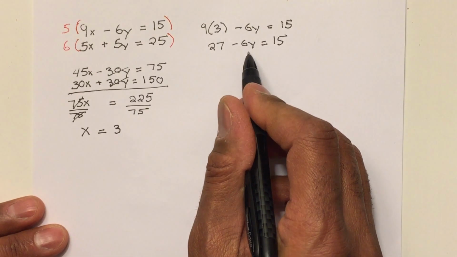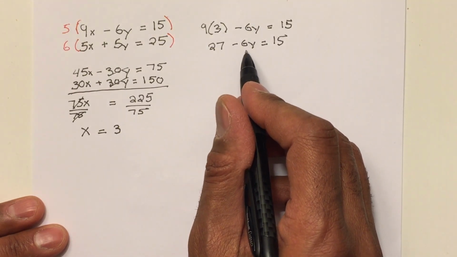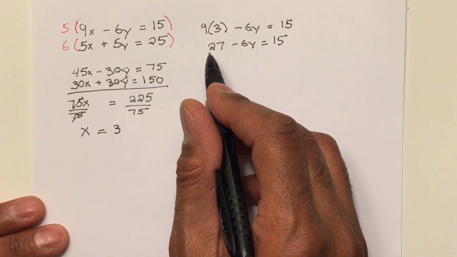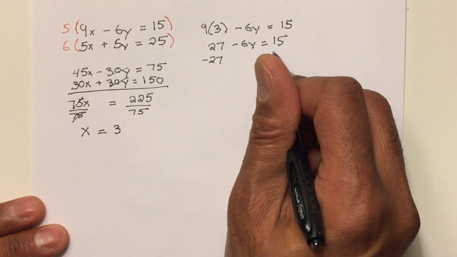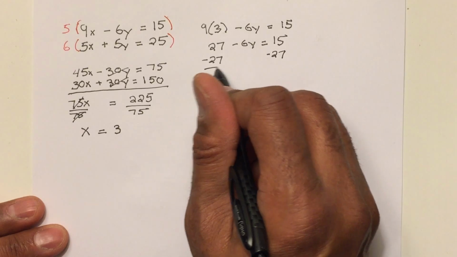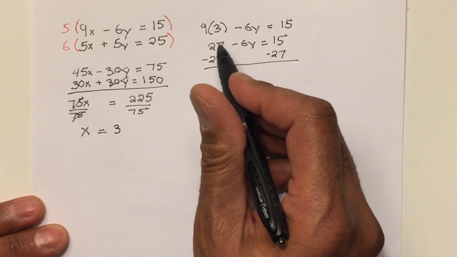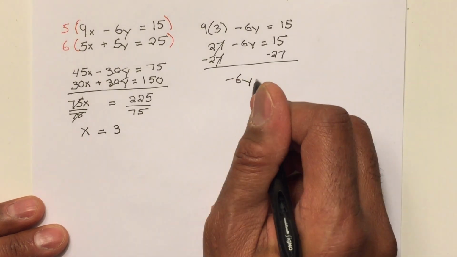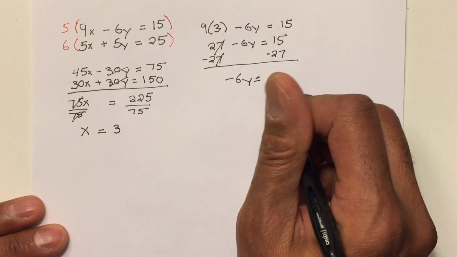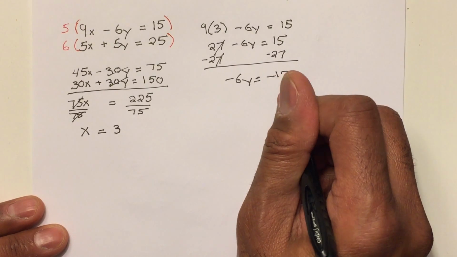And now we want to get the y by itself. We want to isolate that. This is +27, so we'll want to subtract 27 from both sides of this equation. We'll be able to cancel these. We're left with -6y, and 15 minus 27 is -12.